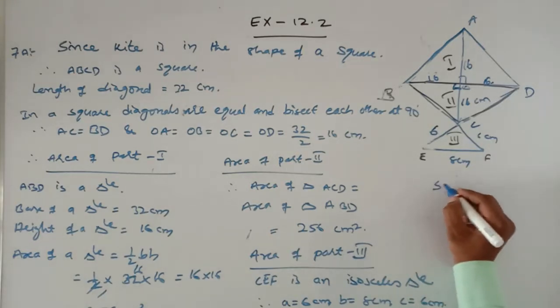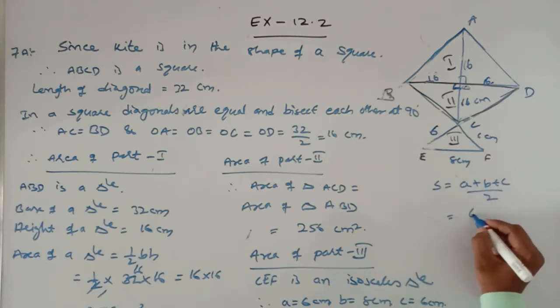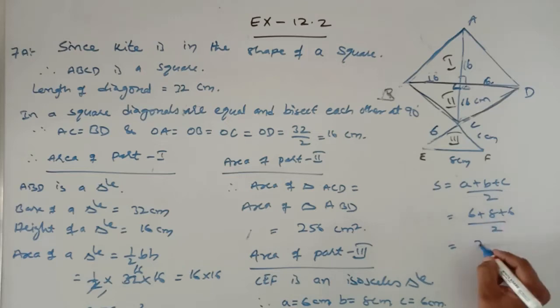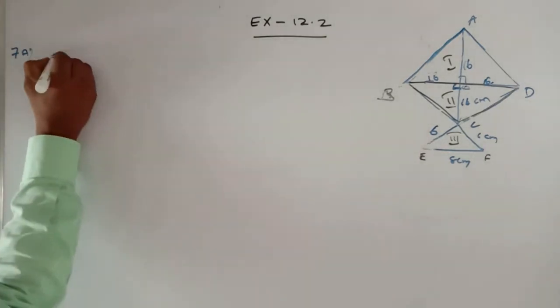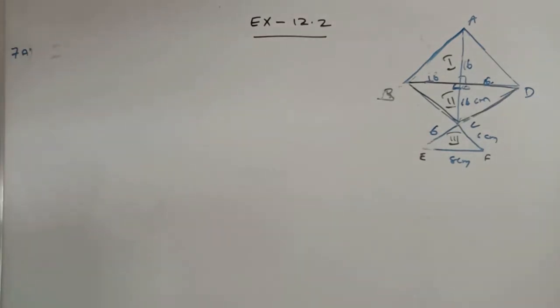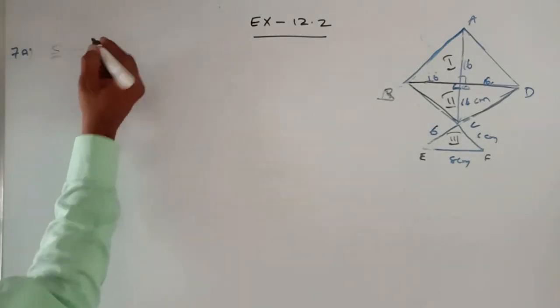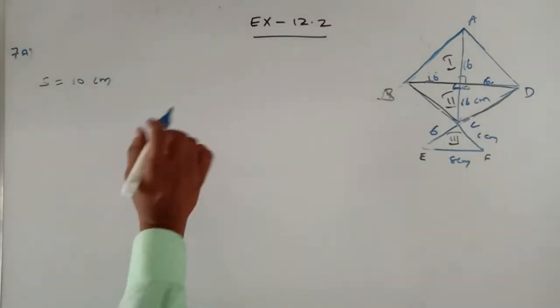Before that, I am going to calculate the semi-perimeter. s is equal to (a plus b plus c) by 2, equal to (6 plus 8 plus 6) by 2, is equal to 20 by 2, is equal to 10 centimeters. Children, I got s is equal to 10 centimeters.